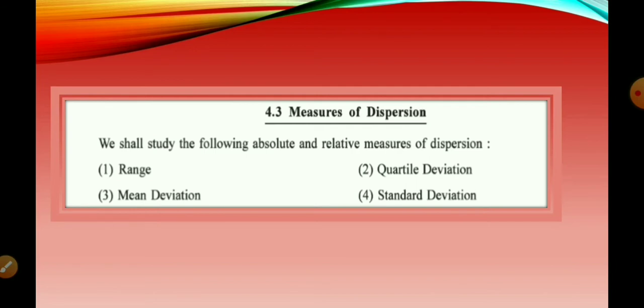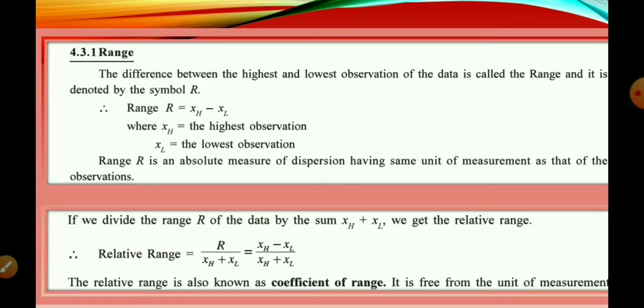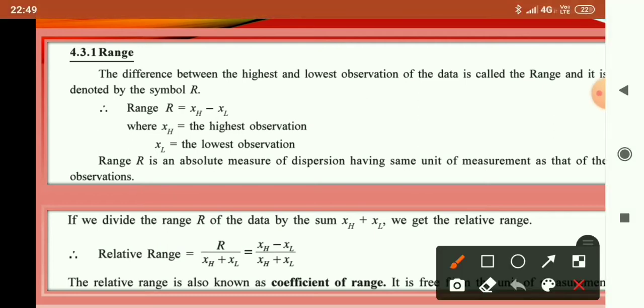Let us study the first measure of dispersion, that is range. What is range? Range is the difference between the highest value and the lowest observation of the data. It is denoted by R. You can see the formula also: Range equals XH minus XL.